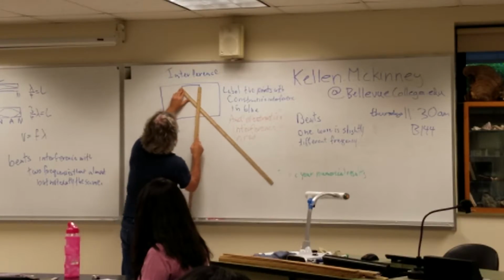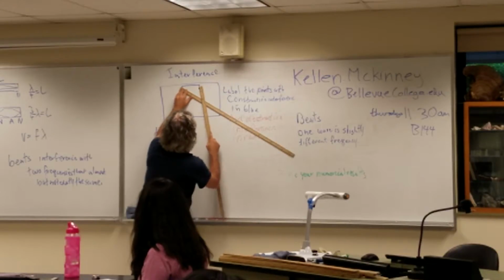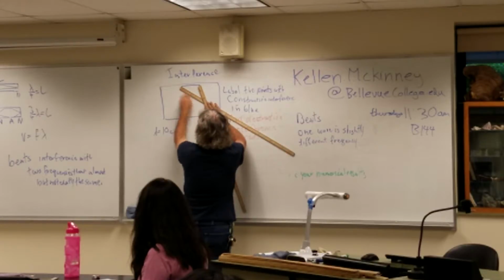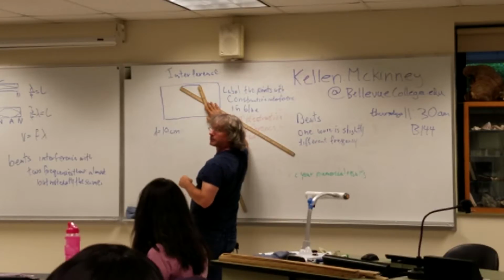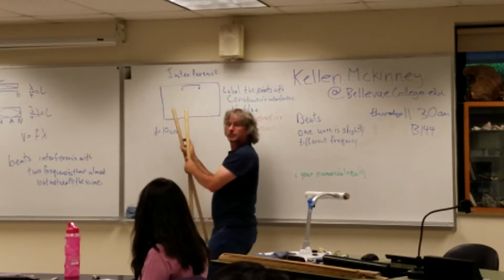But maybe, remember it could be two wavelengths here and one wavelength there. You could say, this is a point of constructive interference, because the path difference is one wavelength, so it's constructive interference, yeah? So you could then mark that as a point. And then go look for others, right?